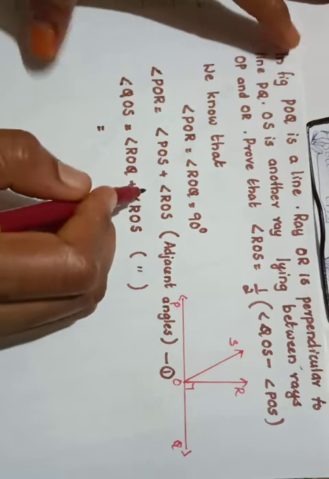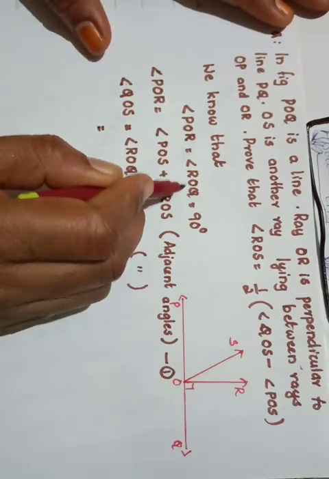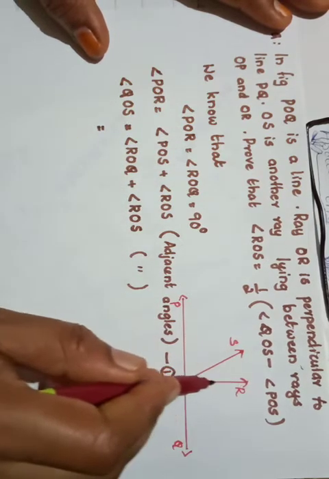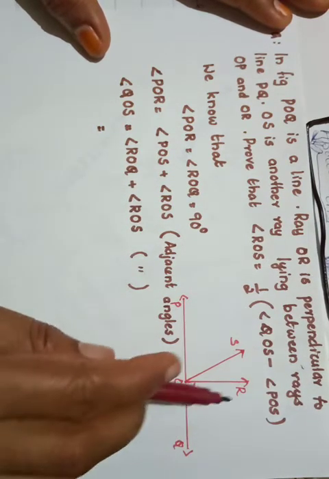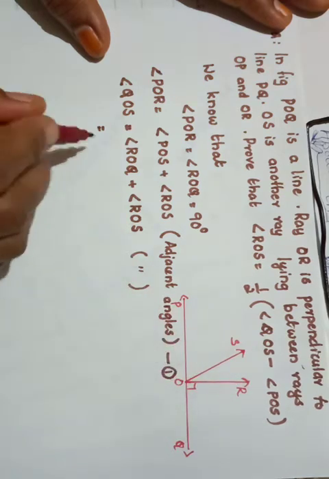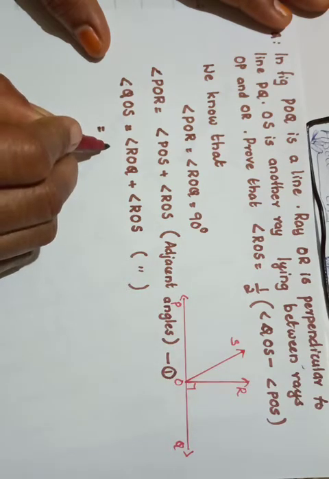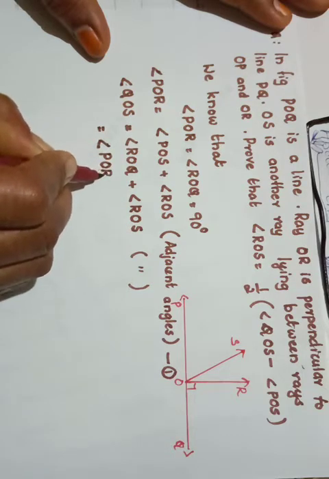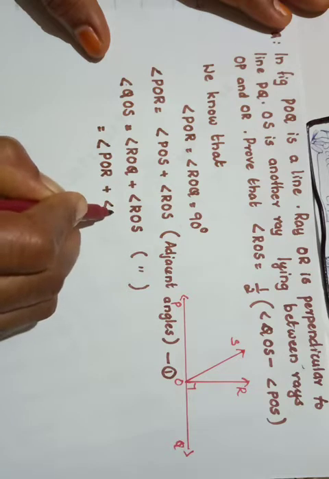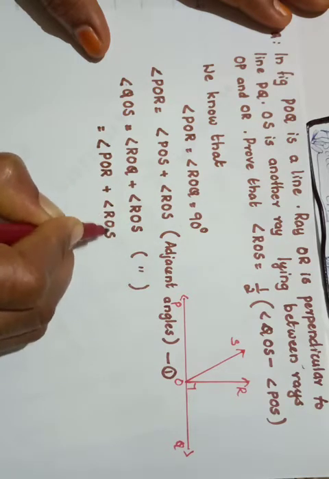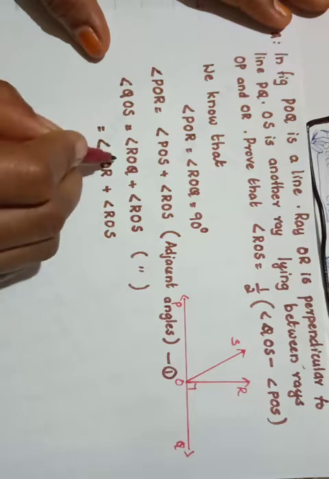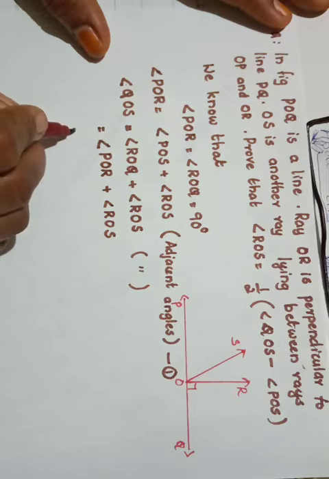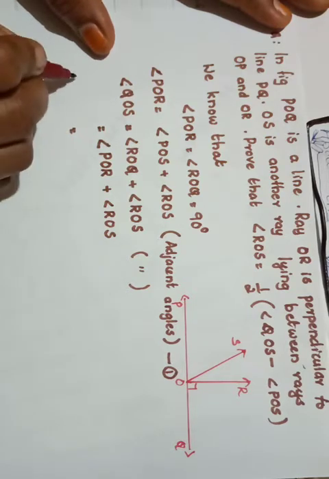Now we are replacing angle ROQ by angle POR, because you know that ROQ is 90 degrees, and in the same way POR is also 90 degrees. So we are replacing ROQ by angle POR plus angle ROS. This is not changed, but this one we have changed because they are equal angles. Now see what equation number 1 is saying.